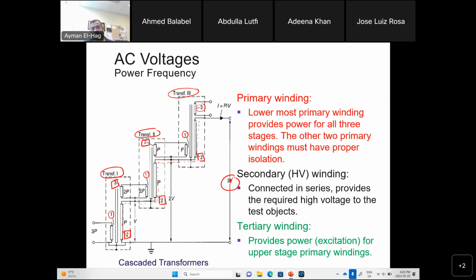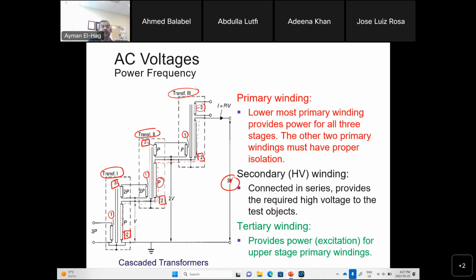So this will be connected to the primary of the other transformer. It converts part of the voltage in the secondary, connected to the primary of that transformer, to energize the next transformer, and so on. So that is overall the three transformers.